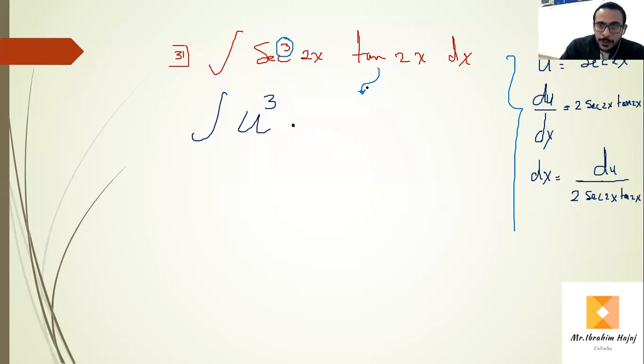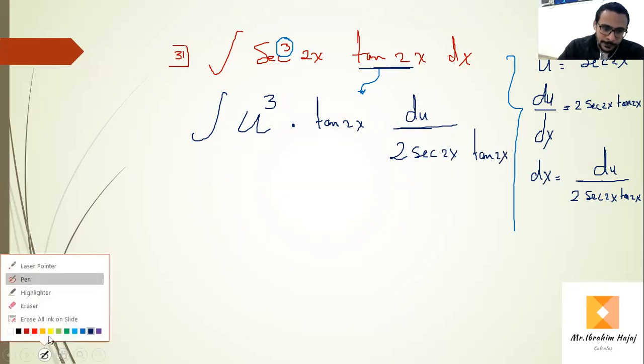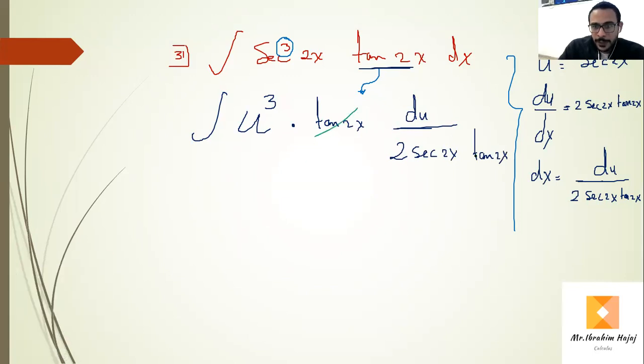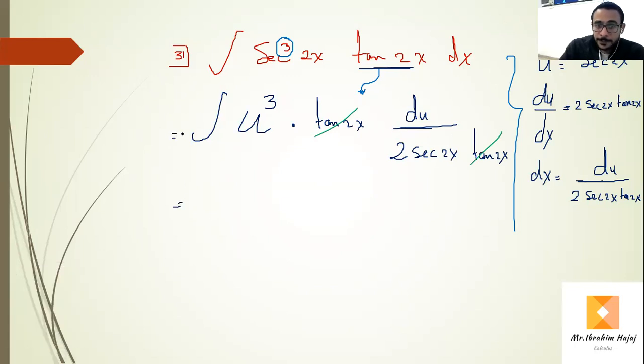Substituting in the question, tan 2x stays the same. Don't worry, it's going to be cancelled now with the denominator 2 sec 2x tan 2x. We cancel tan 2x, and we have u cubed, and 1 over 2 times du over u, because sec 2x we assumed is u.